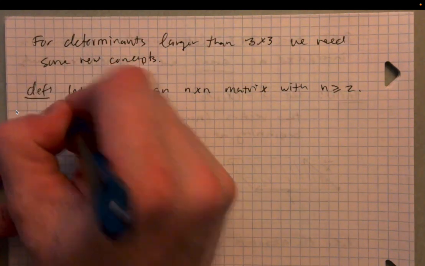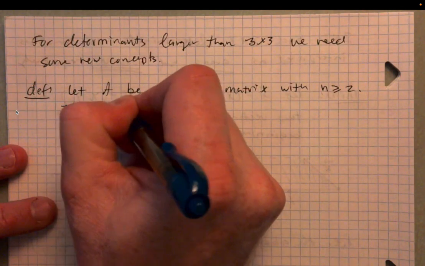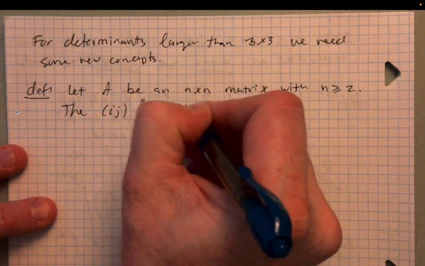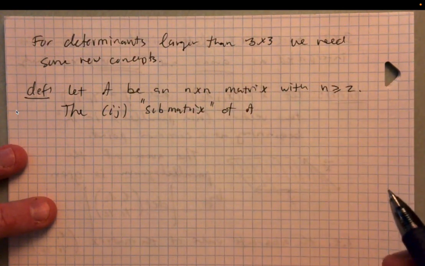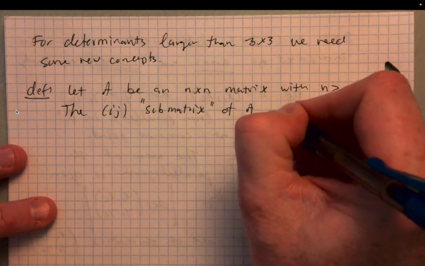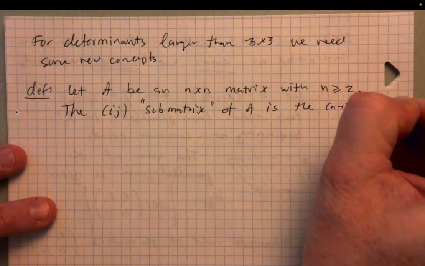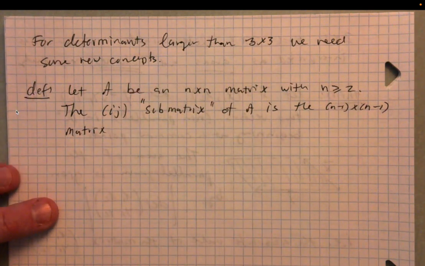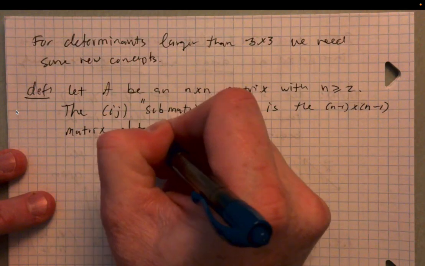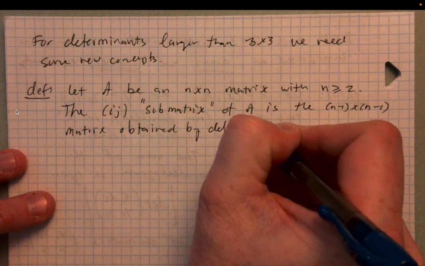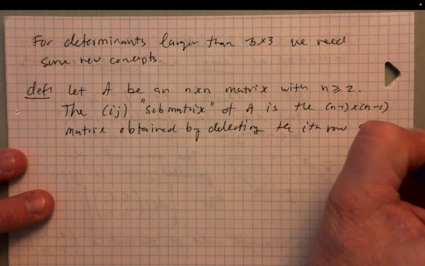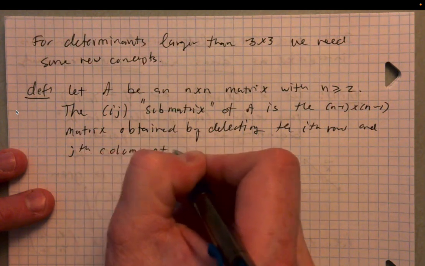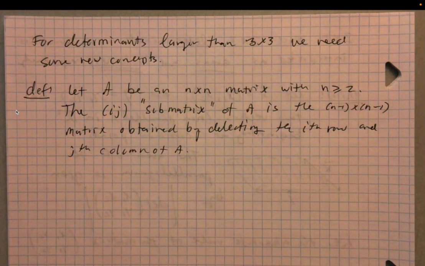Given that matrix, the ij submatrix of A is going to be the n-1 by n-1 matrix obtained by deleting the ith row and jth column of A. Okay, so that's what we mean by the submatrix, the ij submatrix.